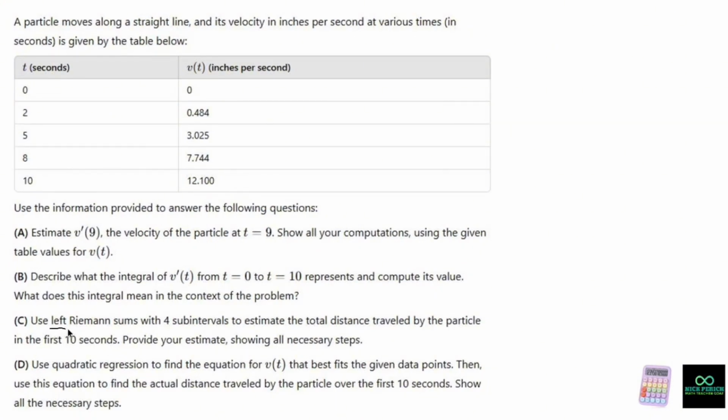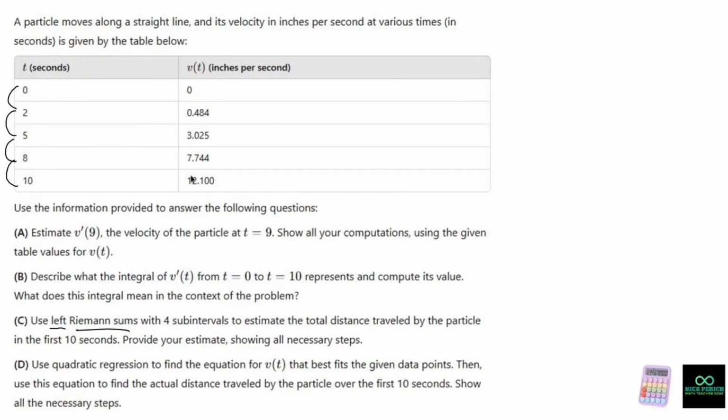Left Riemann sums. Ugh. Okay, the way you handle left Riemann sums is we're going to have 4 subintervals. Here we see 5 chunks, which is what we want, because 4 subintervals means the chunks between them. We take the length of the chunks, and we use the left number of each subinterval.